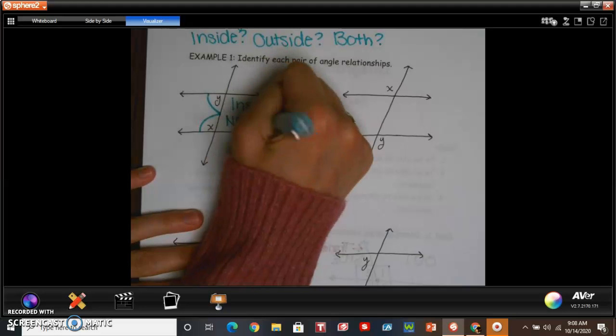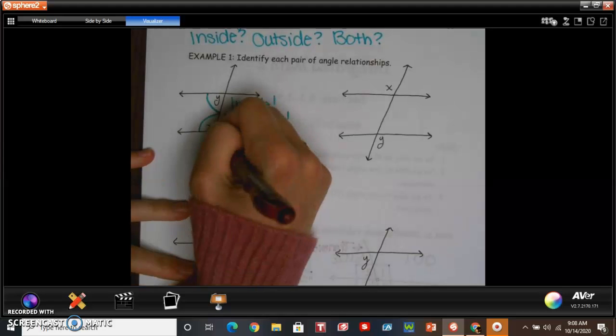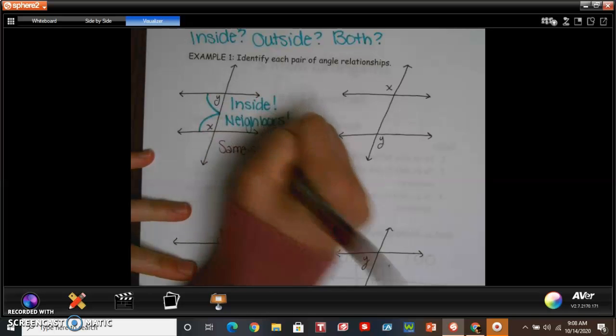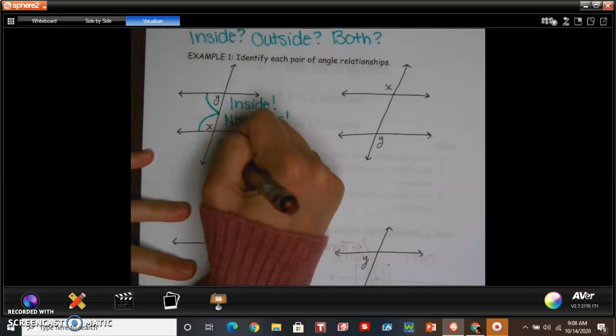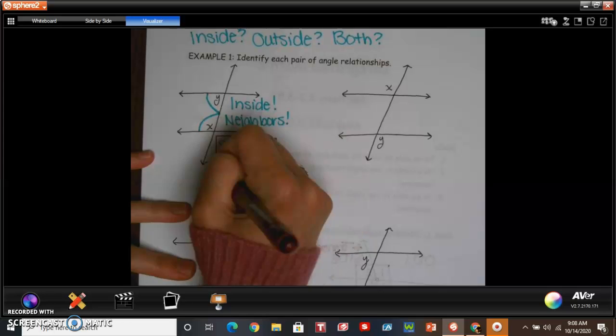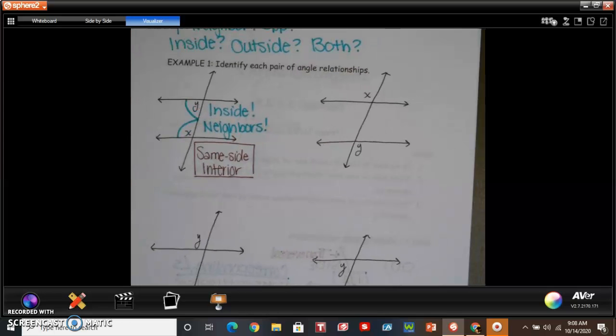They're right next to each other. All right, so if we're inside and we're neighbors, our final answer is same side interior. Ta-da! All right, let's keep going. Let's look at the next one.